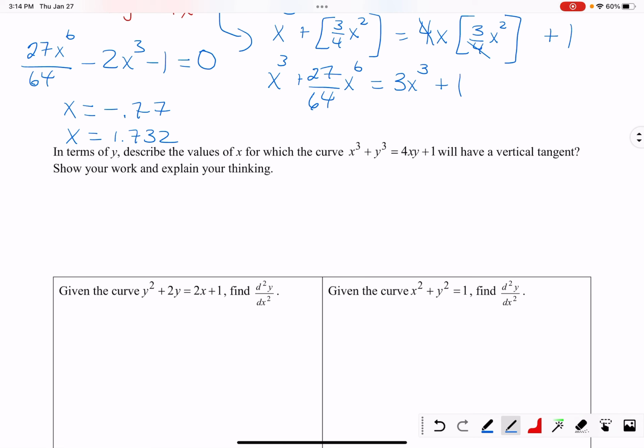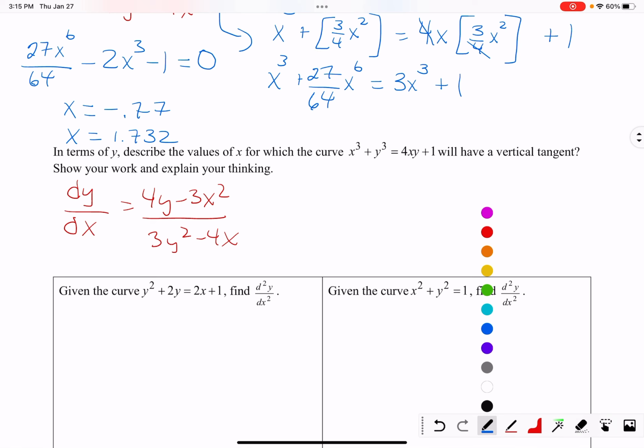In this one, it says in terms of y, describe the values of x for the curve having a vertical tangent line. If I go back to the derivative, that's where the denominator would be equal to 0. So what was the derivative? 4y minus 3x squared over 3y squared minus 4x. But I don't really care about the top because we've already dealt with that.